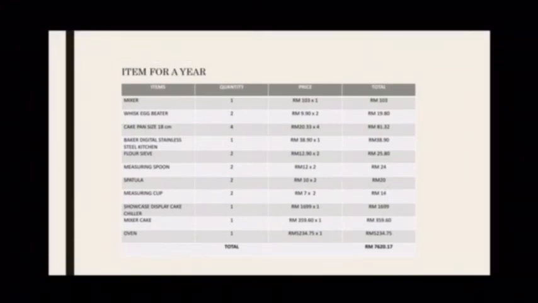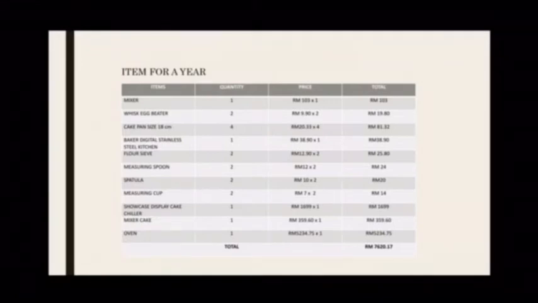And then, items for a year: we use one mixer for 103 ringgit, 2 egg beaters for 19 ringgit and 80 cents, 4 cake pans size 80 cm for 81 ringgit and 32 cents. And then we have a Baker Digital Stainless Steel Kitchen scale, the price is 38 ringgit 90 cents.